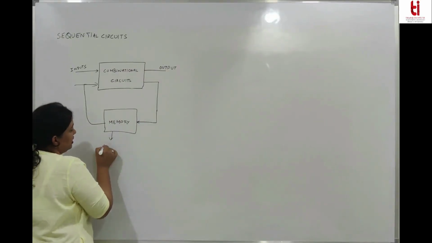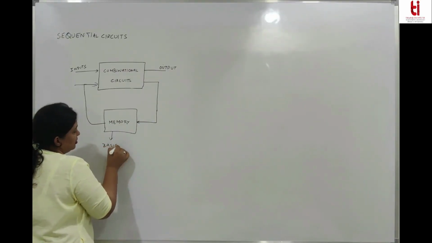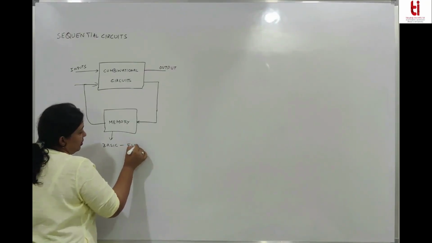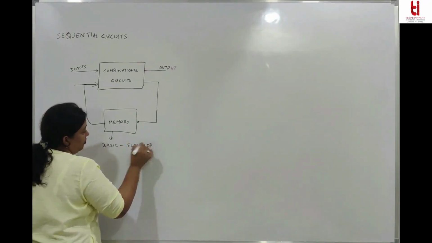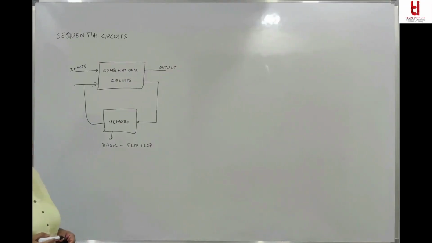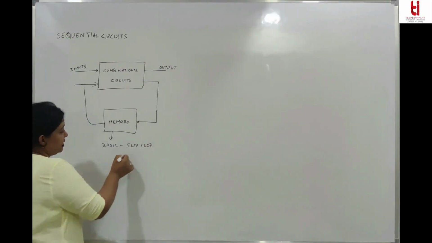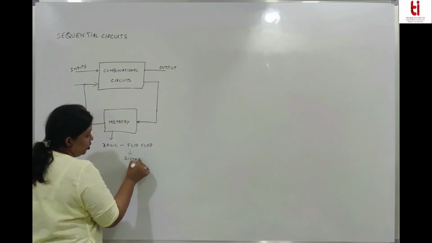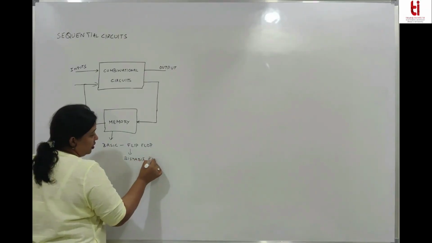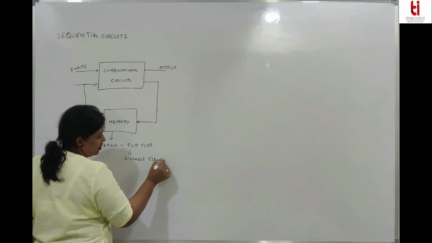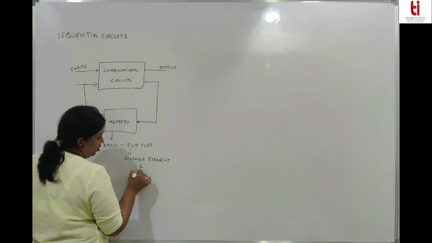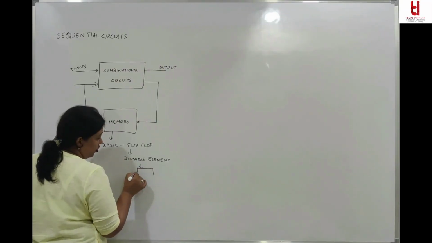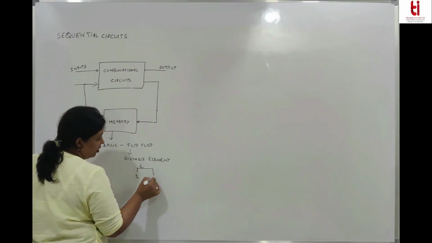The basic memory element is the flip-flop. That means it stores data. It's a bistable element and it stores two states, that is 1 and 0.